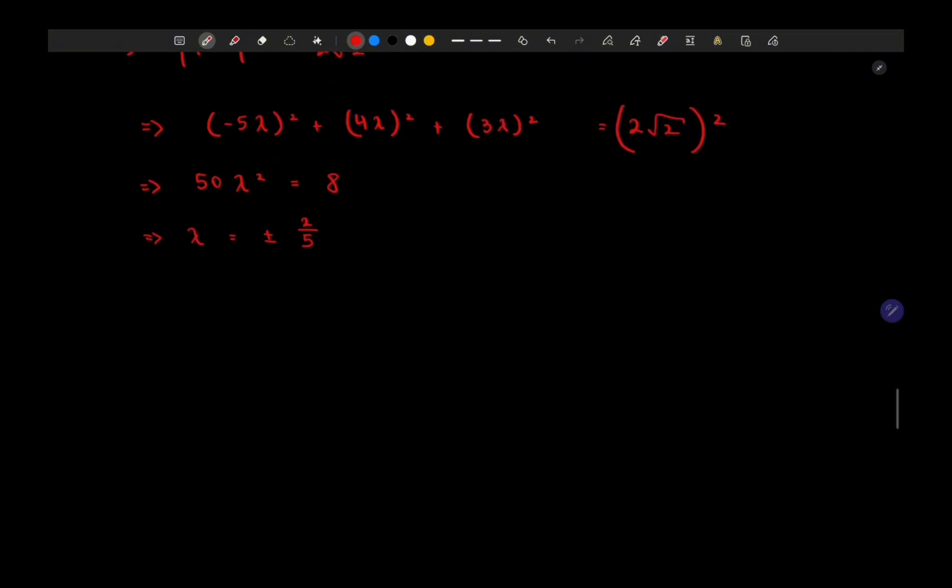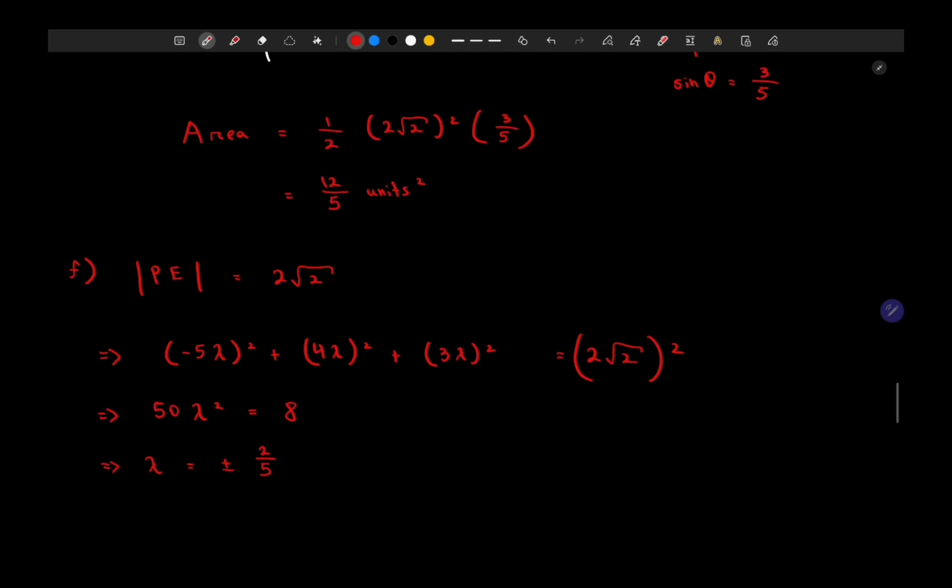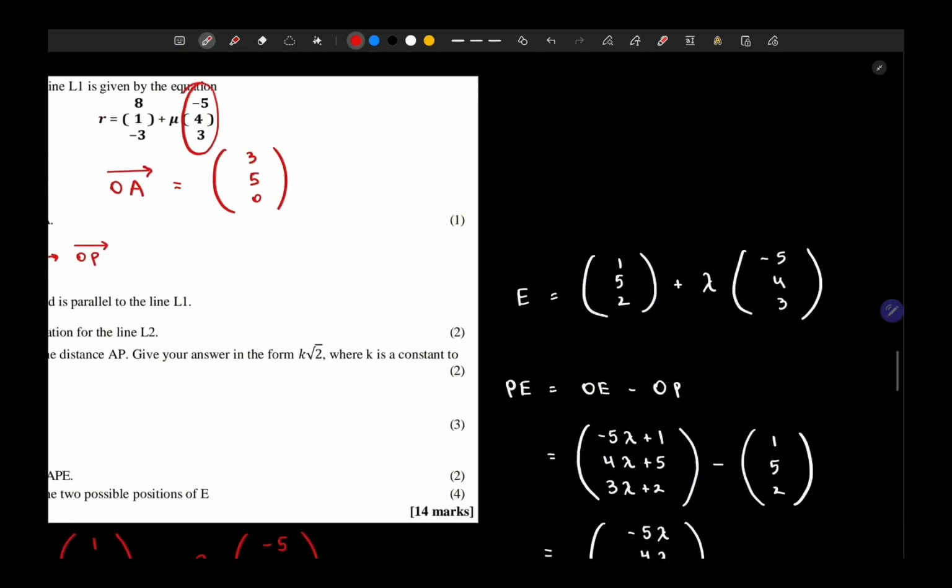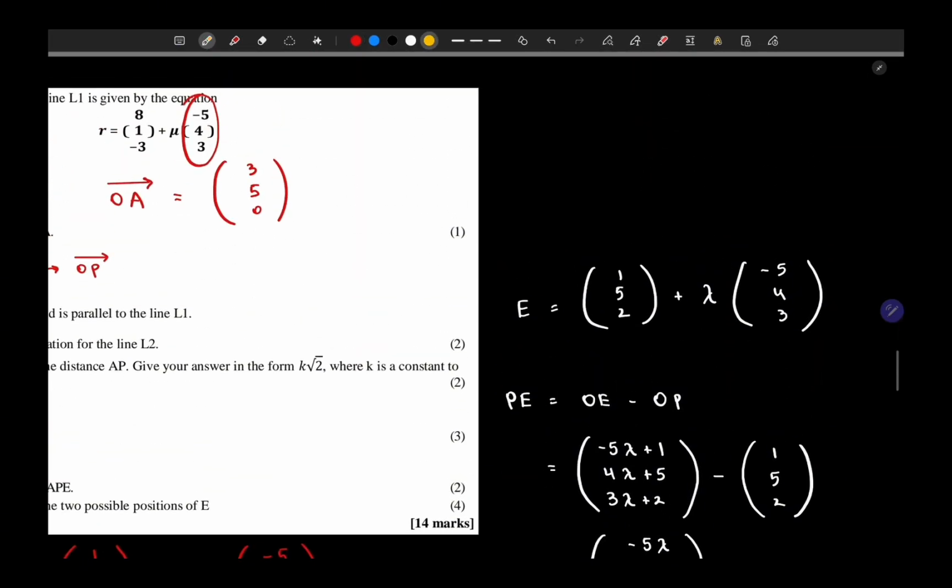Alright. So when the value of lambda is 2 over 5, let's find out the position of point E. When it's plus 2 over 5, the position of point E would be (minus 1, 33 over 5, 16 over 5). So that's for lambda equals 2 over 5.